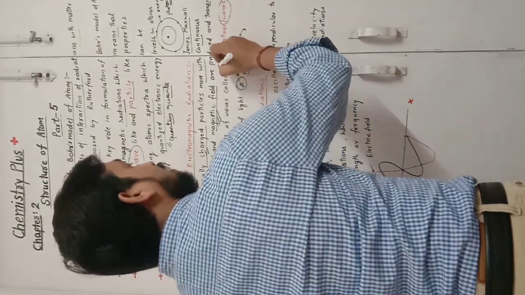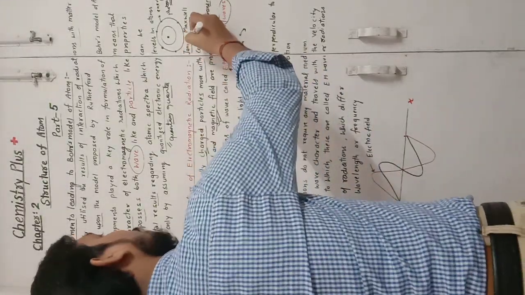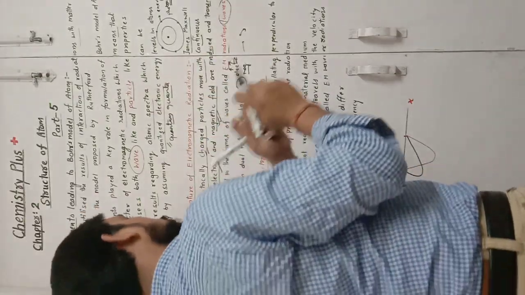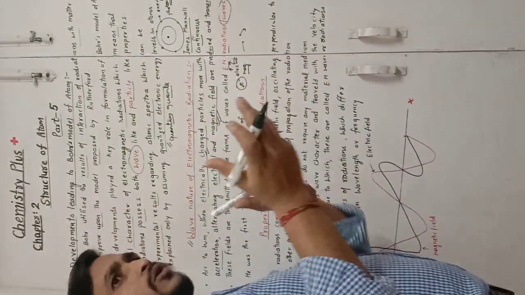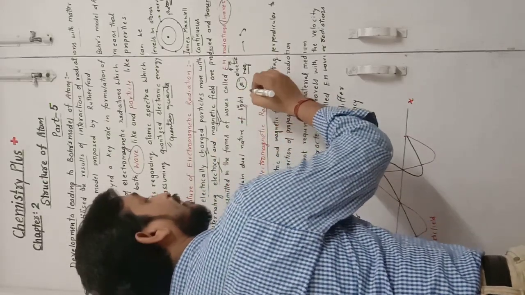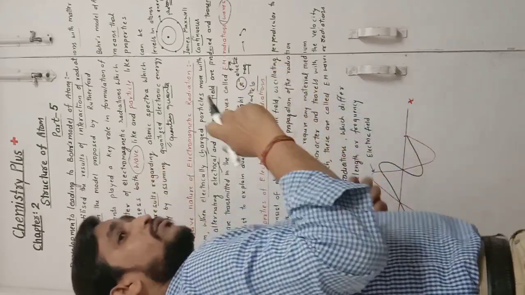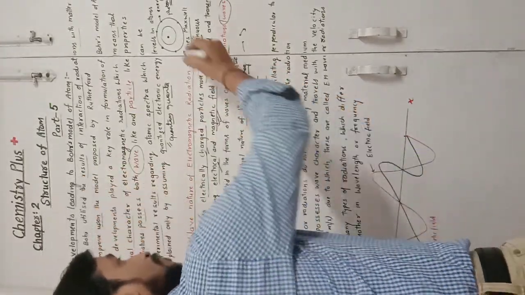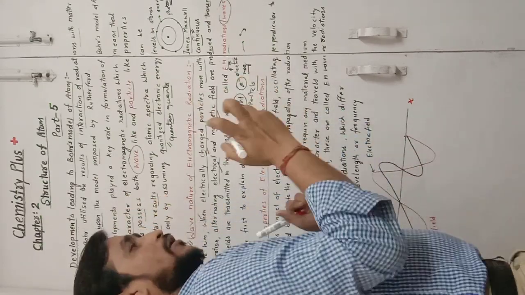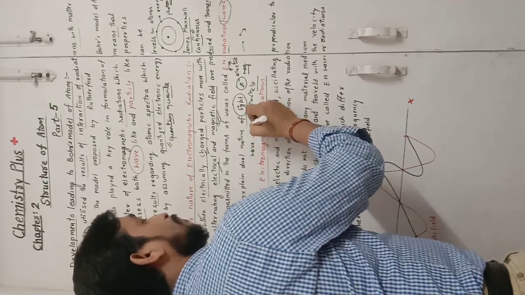James Maxwell was the first scientist to tell us about the dual nature of light. Earlier it was thought that light is only a particle moving in a medium, but Maxwell proved that light has a dual behavior, wave nature as well as particle nature.